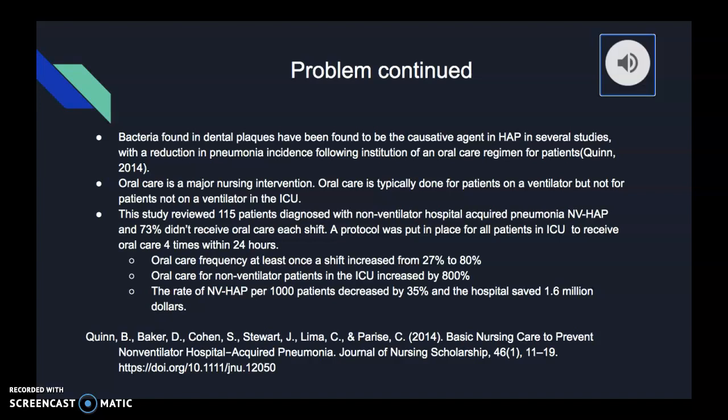So they found this problem here, and the high cases in HAP was the lack of oral care, which it may seem a lot to make sure each patient in the ICU receives oral care once per shift. But I know at JCMC there's just like 5 people in one ICU room, and with the amount of money they saved, this was over a 12-month period, and the decrease in patients, I think it'd be beneficial.